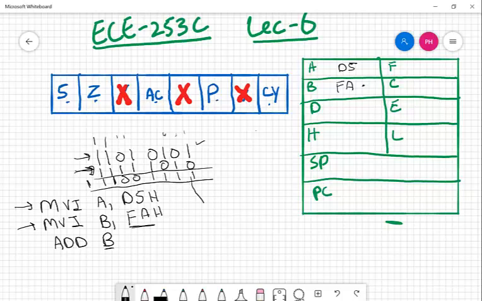So the accumulator will get CF. After the execution of this instruction the accumulator will hold CF, but this is not the correct result.